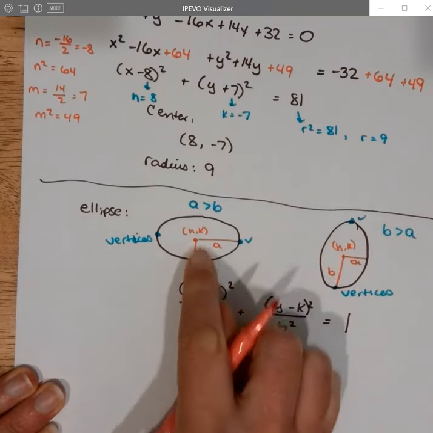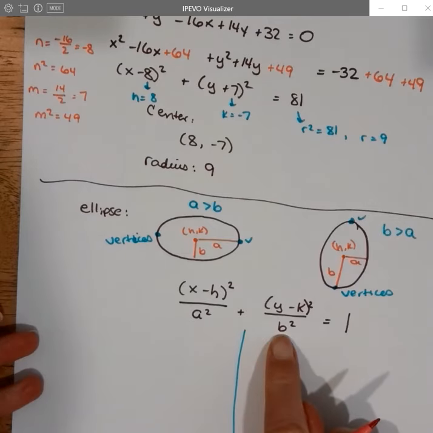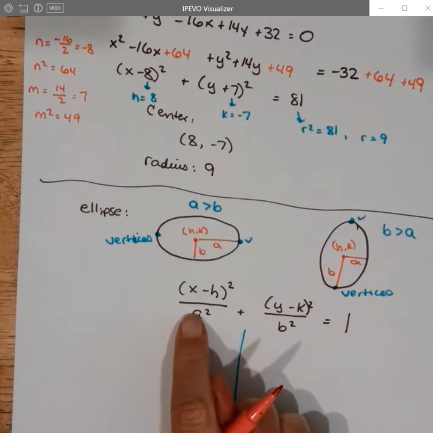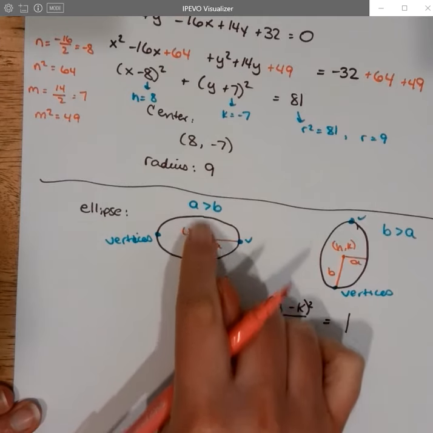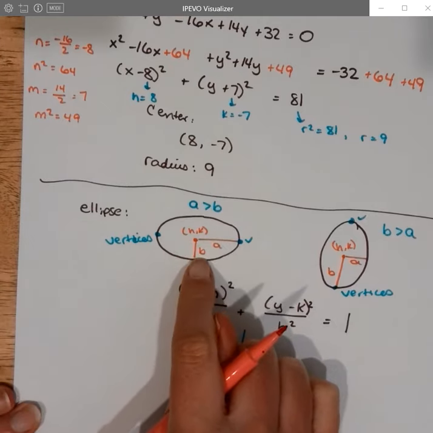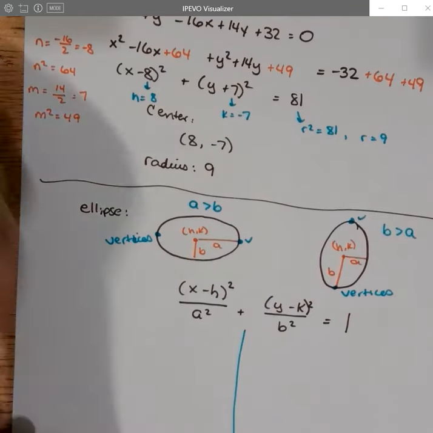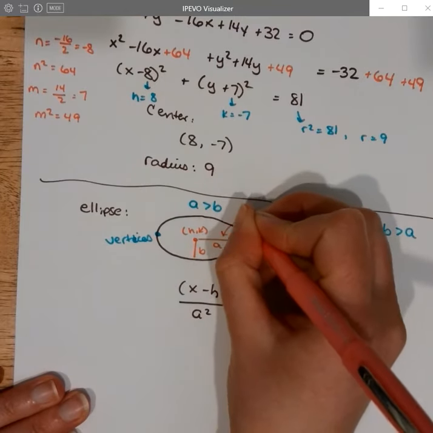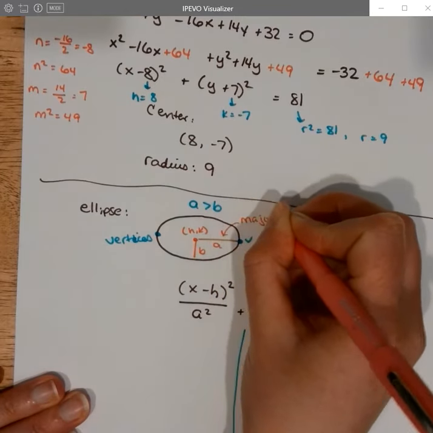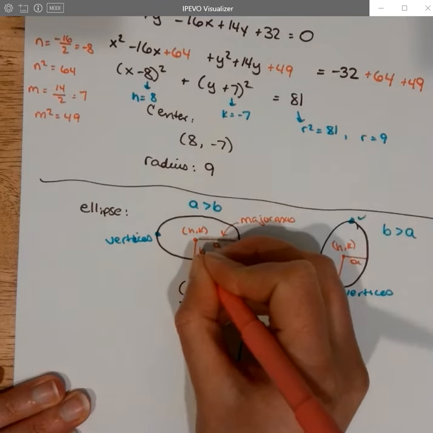A is the horizontal and b is the vertical, just because I have b under y, so it's the vertical, and a under x, so it's the horizontal. Okay. Now, we don't have names for the minor ones, so we have the major axis and the minor axis. All right, so I'll label these. We have our major axis and our minor axis.